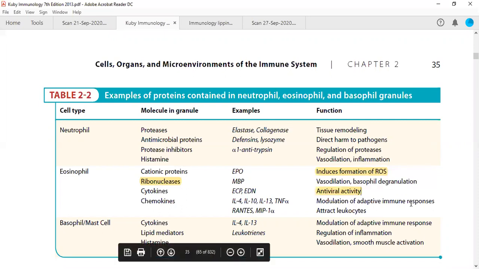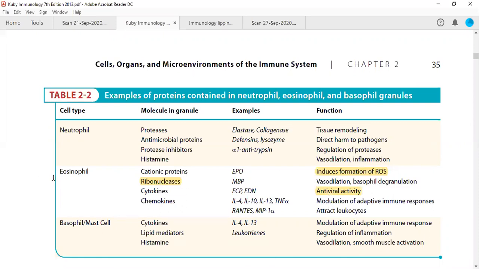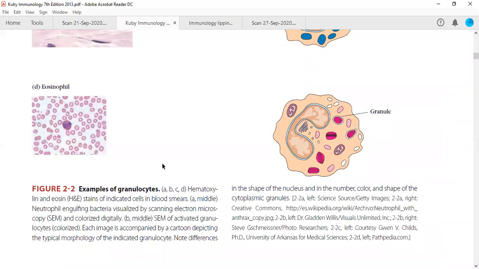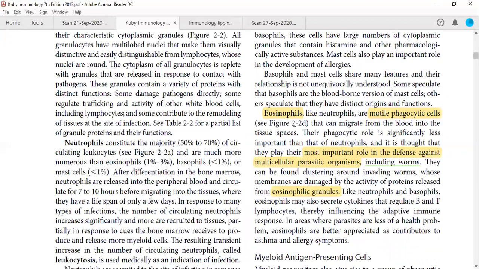They are responsible for killing the parasites. So in examinations, questions related to parasites are generally asked, and you always need to remember that eosinophils are the cells responsible for their removal or destruction, right? So this one is important.